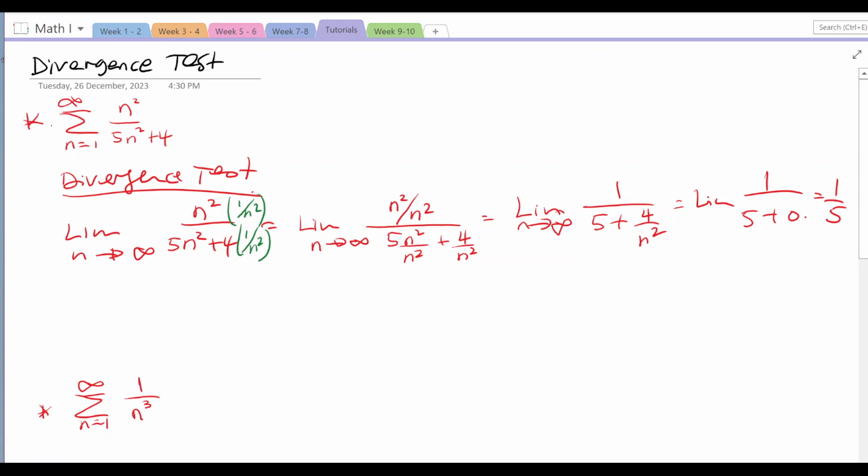So in this case the limit is 1 over 5, which is not equal to 0. From the divergent test, if the limit is not equal to 0, then the series diverges.